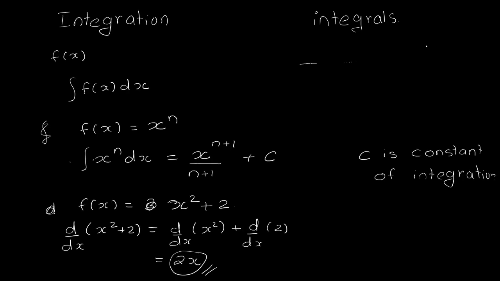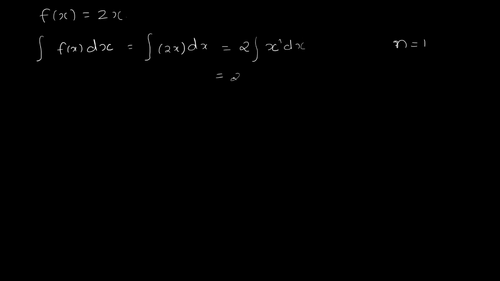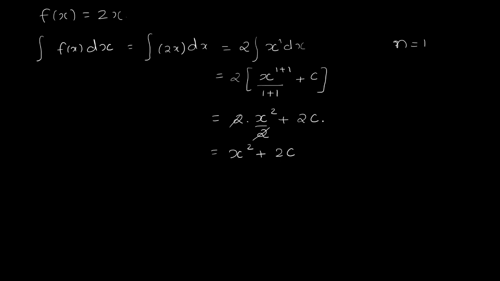If I apply the formula, x raised to n plus 1 upon n plus 1, that is x raised to 1 plus 1 upon 1 plus 1, plus a constant c. So this is 2 into x square by 2 plus 2 into c. If you cancel out this 2 and this 2, you get x square plus some constant. c is a constant, therefore 2c is also a constant.